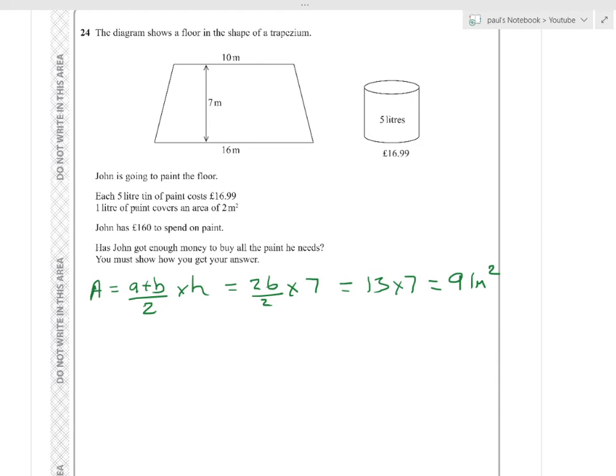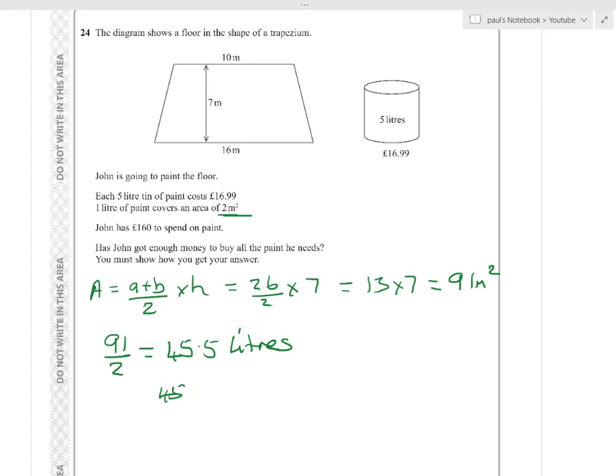Each 1 litre of paint covers 2. So if you have 91 divided by 2, it'll tell you how many litres. So 91 divided by 2 is 45.5. So you need 45.5 litres. Now, it comes in 5 litre tins.